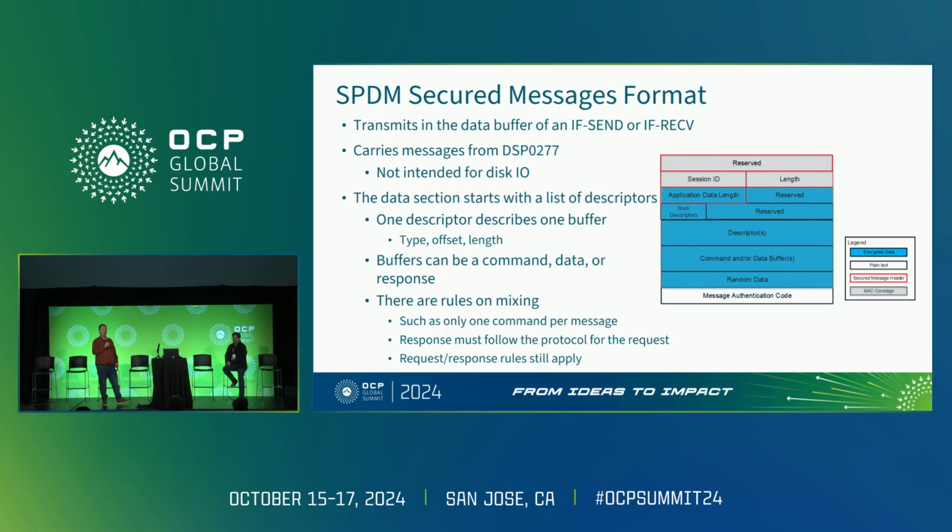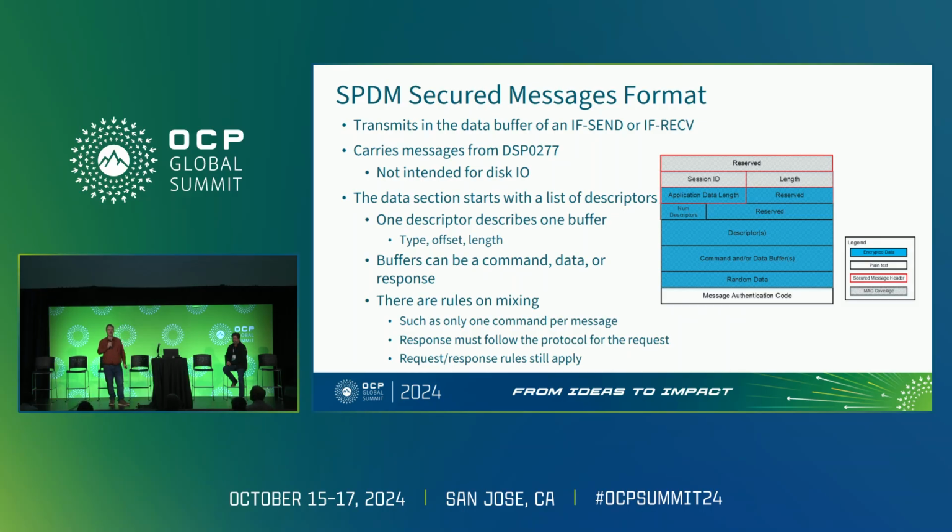We also had to come up with a way to do the secured messages format. Again, it looks a little bit different than the SPDM over MCTP approach, but there are some reasons for that. Basically, we had to take everything that might be in multiple layers of a message, and they all had to get packed into one buffer. Then we needed a way to actually make sense of that buffer.